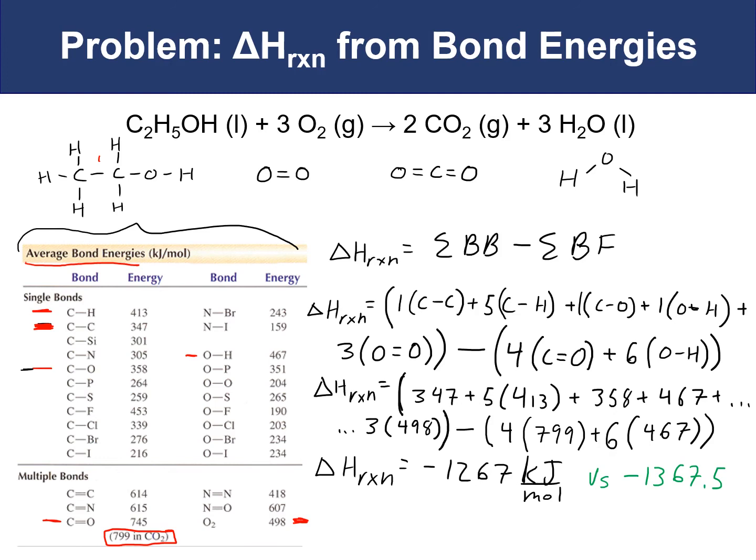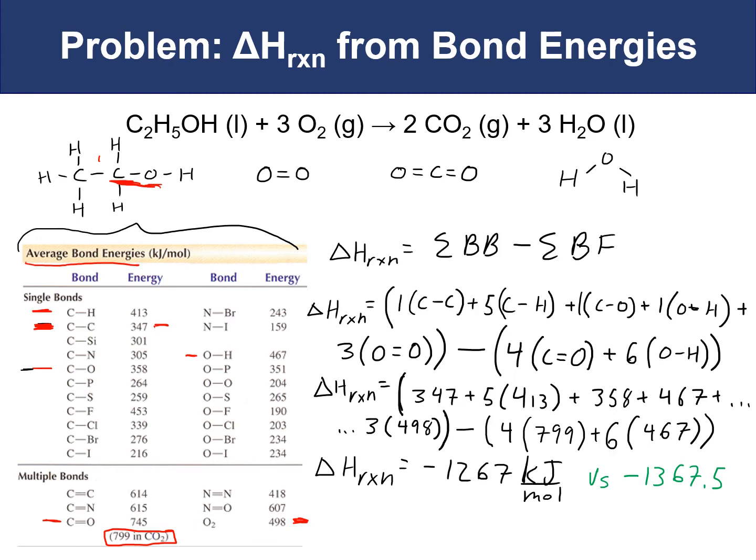What is attached to the carbon-carbon single bond can actually influence its strength, so this value will vary quite widely depending on the individual system that you have. For example, because this carbon in our ethanol is bound to an oxygen, that will weaken our carbon-carbon single bond. So the value for the energy of that bond is going to be slightly different than if instead of an oxygen here, we had another carbon.